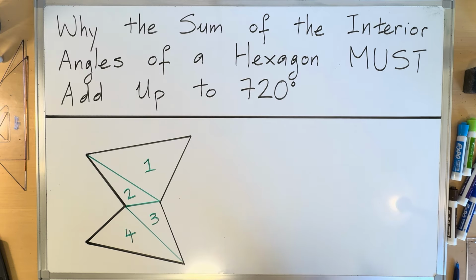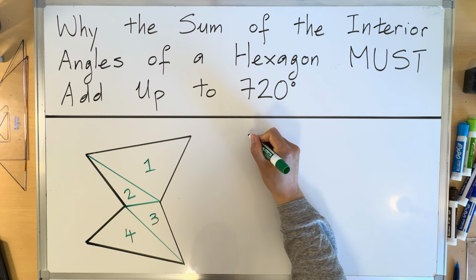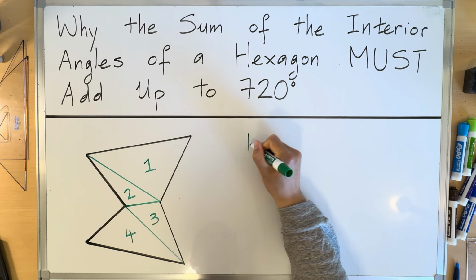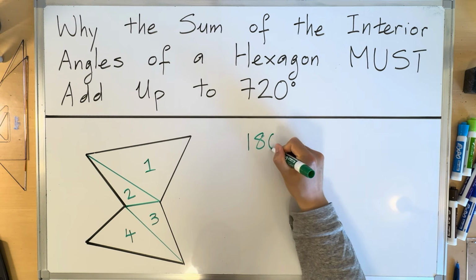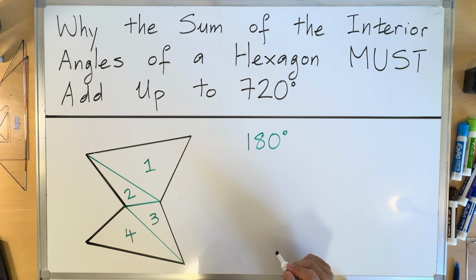Now, recall from previous lessons that the sum of the interior angles of a triangle must add up to 180 degrees.